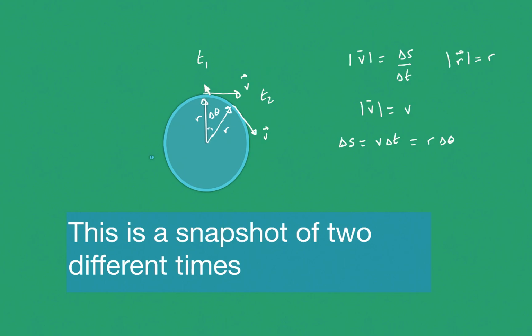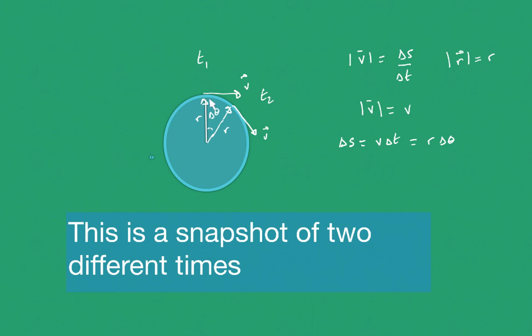At the initial time t1, the object is here. The magnitude of the velocity is the same. The object is performing a circular motion. The radius r is maintained constant because it's a circular motion.